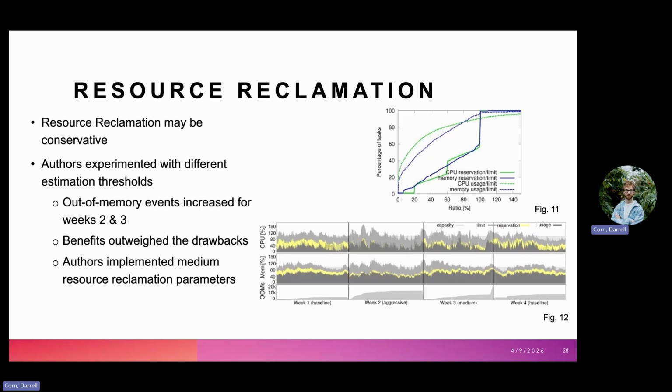The authors monitored for out-of-memory errors in this bottom section here, and out-of-memory errors are pretty serious because they're going to kill your task. We can see that these out-of-memory errors increase a lot for the aggressive setting, but they don't increase so much more for this medium setting. So the authors actually decided to change Borg's thresholds, and they eased the thresholds for resource reclamation to further improve its efficiency during this paper.